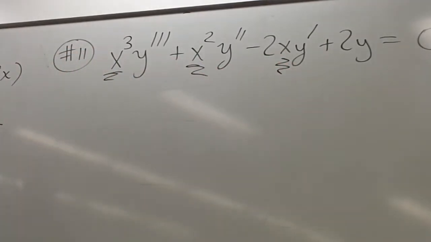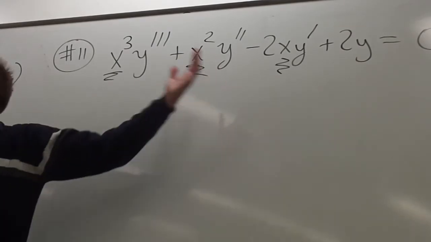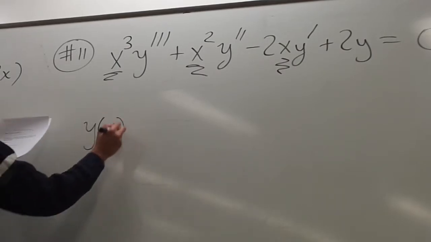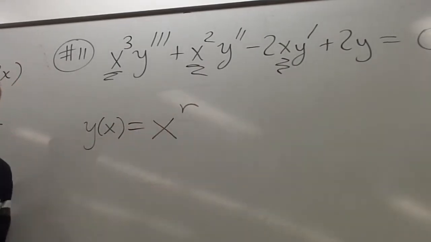So obviously, since we didn't cover it, I can't expect you to know how to solve that one cold, right? But if I tell you to try to find a solution of the form x to the r, in other words, I'm basically telling you how you're going to get your solution, then suddenly it's fair game, right?